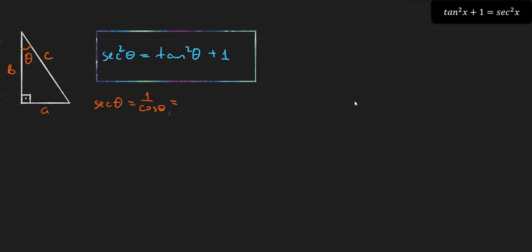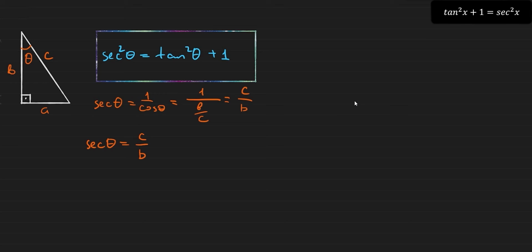So this can be rewritten as 1 over B over C. And since the cosine is over 1, we just flip the ratio. So that would be C over B. So secant theta equals C over B. So we can write this here.